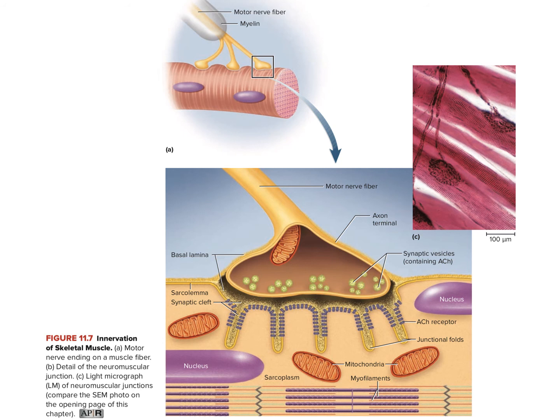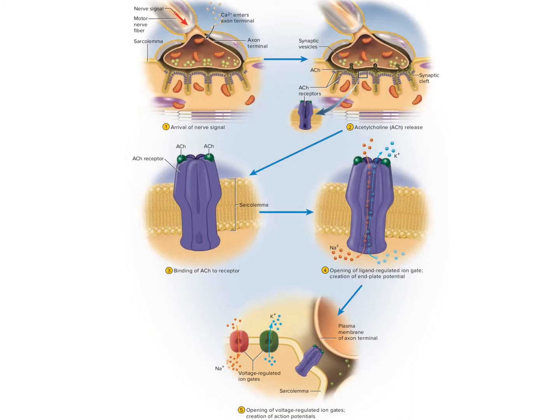And this innervation is going to cause the contraction of the muscle. How? Well, acetylcholine is going to be released, and it is going to bind to an acetylcholine ligand-gated channel. And this is going to cause what's called the end plate potential, a potential inside the muscle cell, because the muscle is excitable tissue as well. Okay?